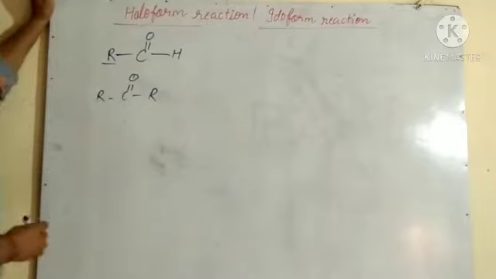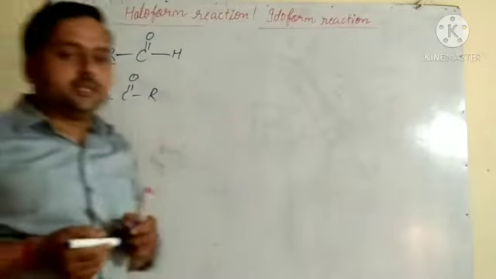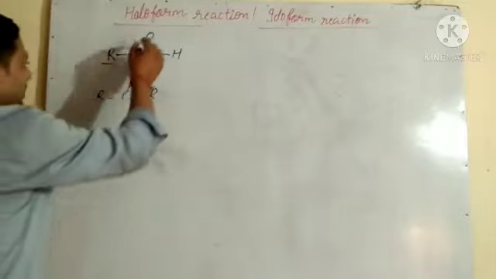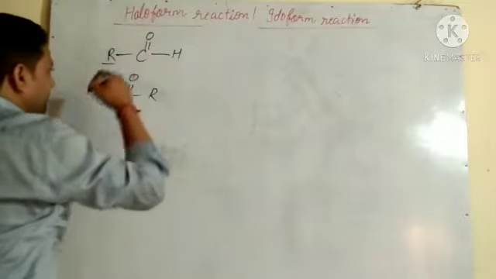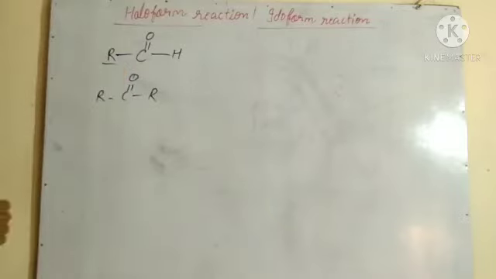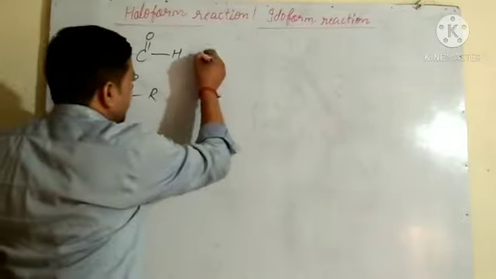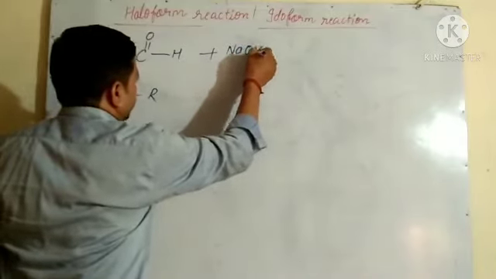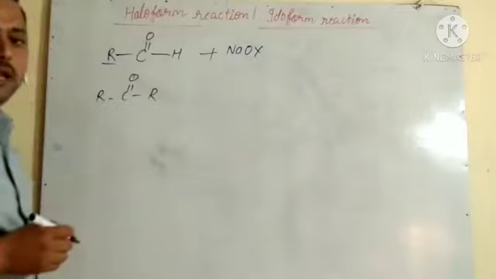The carbonyl compound in which a methyl group is linked to the carbonyl carbon shows haloform reaction. And in haloform reaction, they react with sodium hypohalide, NaOX.